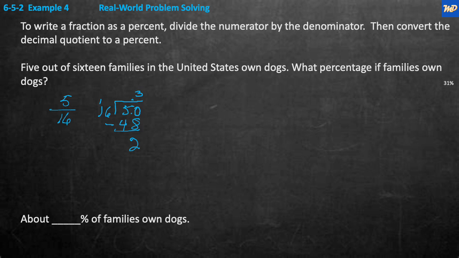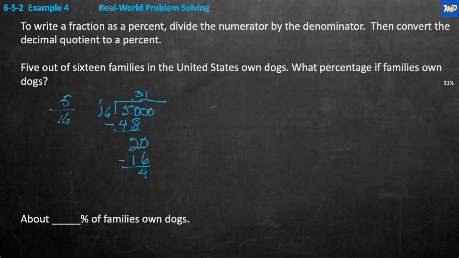No, it will not. So we're going to bring down another 0. I'm going to add a little bit of extra line out here. Bring down the 0. Does 16 go into 20? Yes, it does. 1 time. 1 times 6 is 6. 1 times 1 is 1. 20 minus 16 is 4. Does 16 go into 4? No. Bring down a 0.